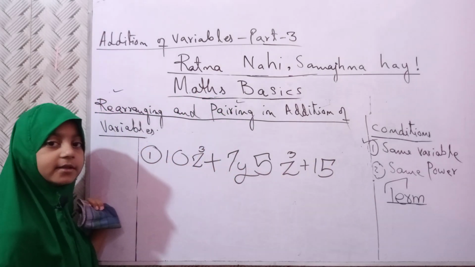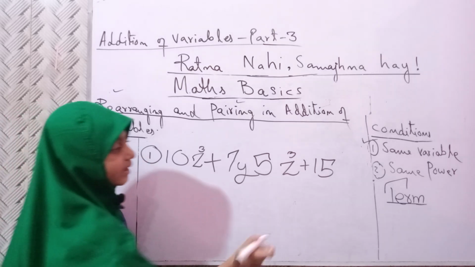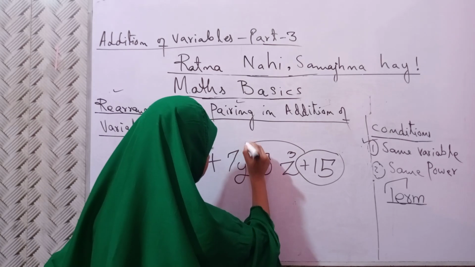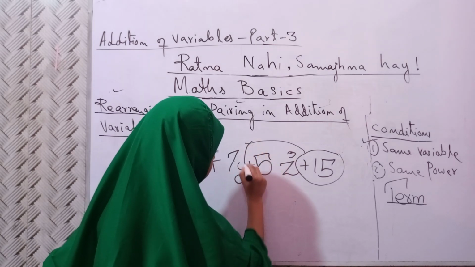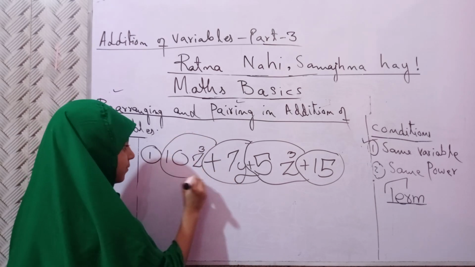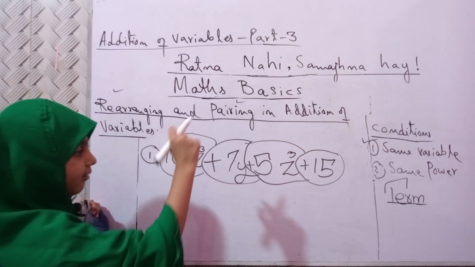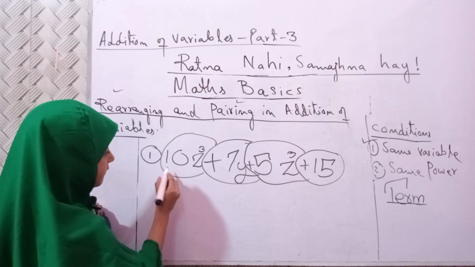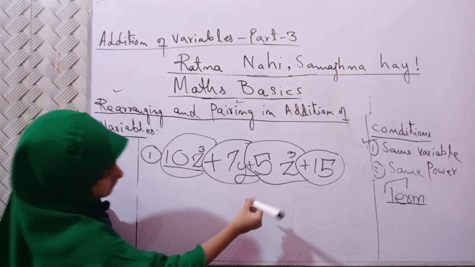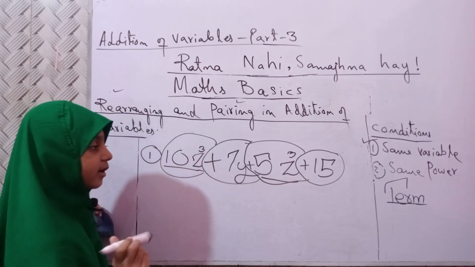Now it is the question. Now first of all we will make terms. Now it is my question. I have done my terms. Now I will write down. First of all, I will rearrange like I did that.